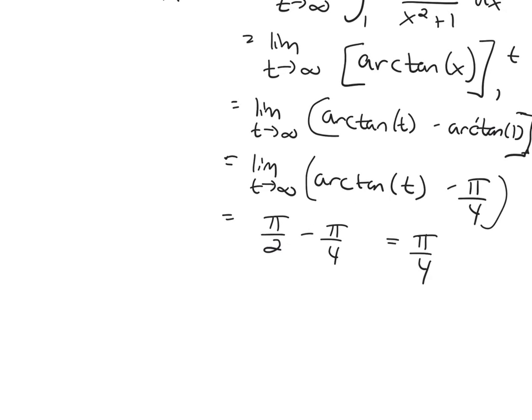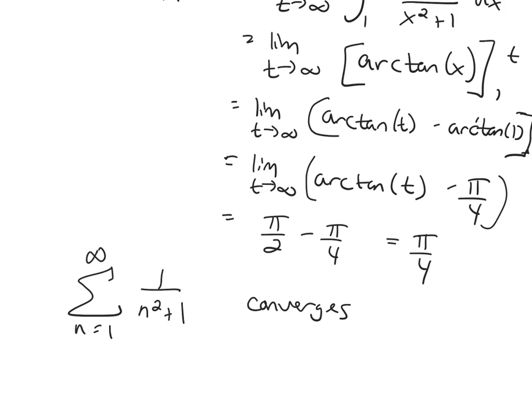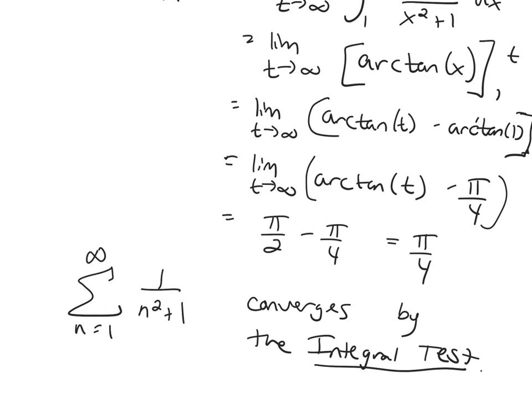So now we can say our series, n equals 1 to infinity, 1 over n squared plus 1, converges by the integral test. And again, you should get in the habit of writing what test you're using when you say converges or diverges.